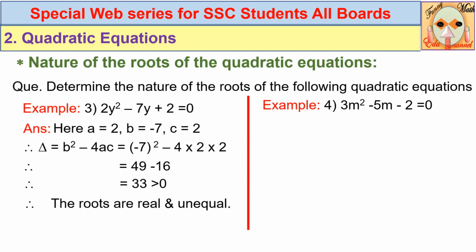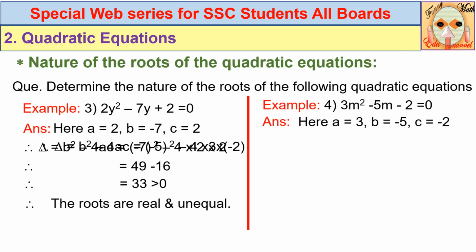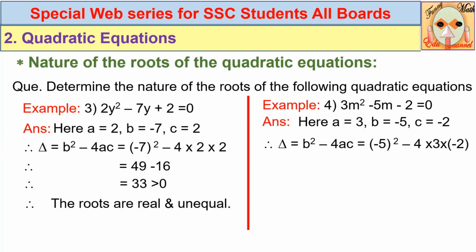See the fourth example, 3m square minus 5m minus 2 equal to 0. Here a equal to 3, b equal to minus 5, c equal to minus 2. The discriminant is b square minus 4ac, that is minus 5 square, minus 4 into 3 into minus 2, because c was negative. Always give the bracket to the negative number.